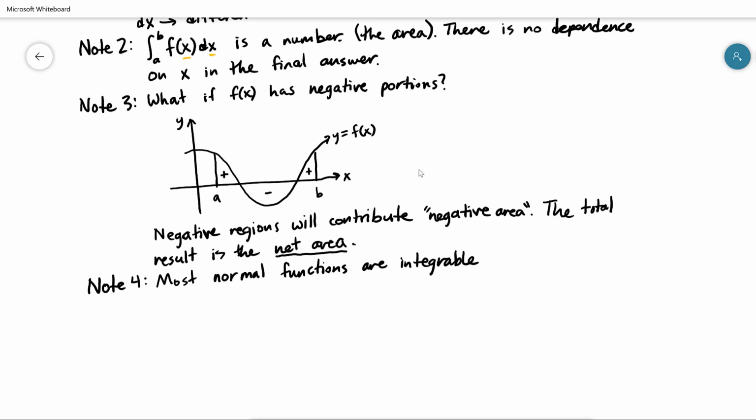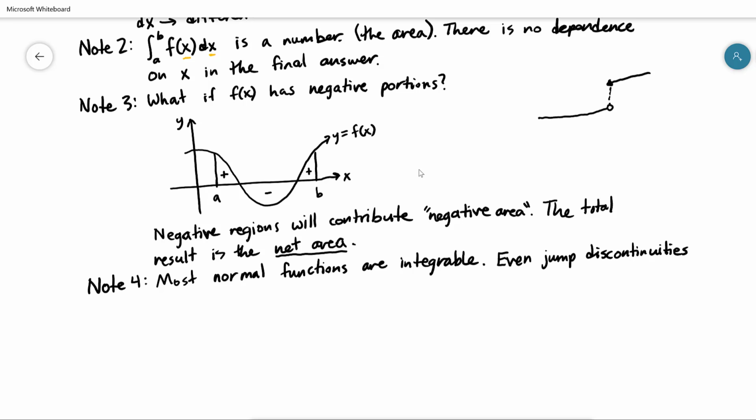So if it has jump discontinuities, where the function jumps from one value to another, where you're going along this way and then all of a sudden it jumps up to here and then keeps going that way.